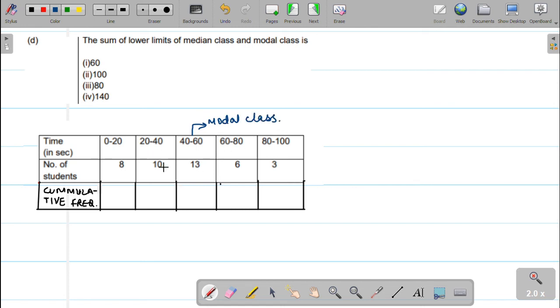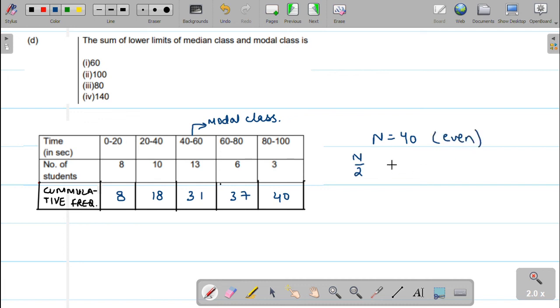Now let's look for the median class. So I have already made this extra space for this one. So if I start here, the cumulative frequency, I hope you all understand, we keep on adding these values. That is what you mean by cumulative frequency. So this is 18, then 21, 31, then we have 37, and then 40. So we have n equal to 40, right? So that means n by 2, you can say this is even.